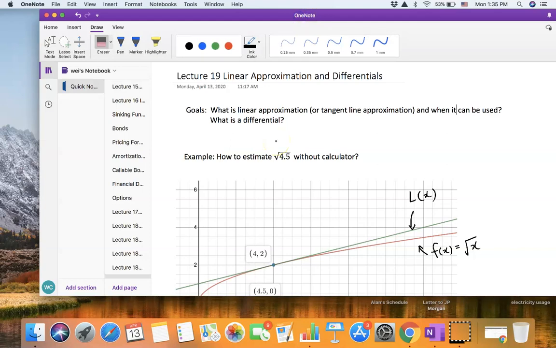Hello everyone. In this video, I want to show you what a linear approximation is. Linear approximation is also called tangent line approximation. So what does it mean?